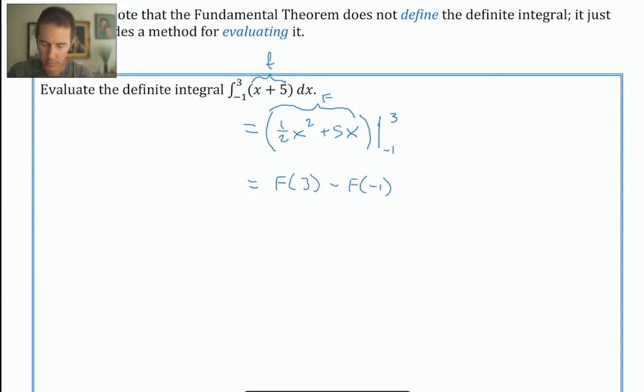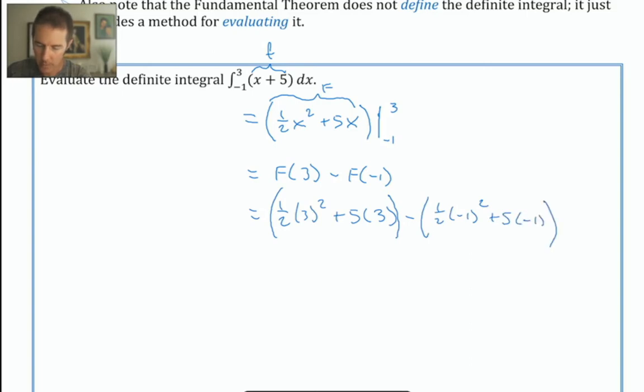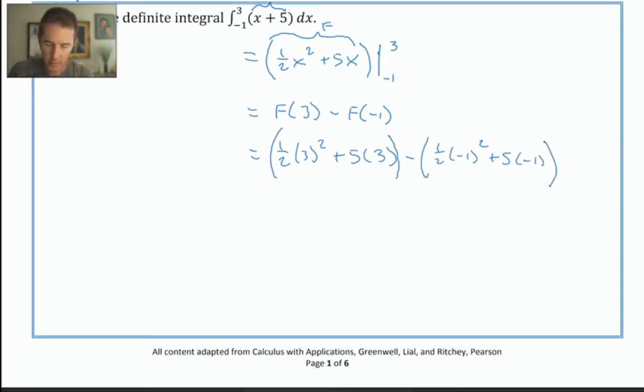All right, let's do some arithmetic. We've got 1/2 times 3 squared plus 5 times 3 minus, so that's f of 3. Now we're going to subtract f of -1, so that's 1/2 times -1 squared plus 5 times -1. And we're doing arithmetic. We're in calculus, but we're doing arithmetic.